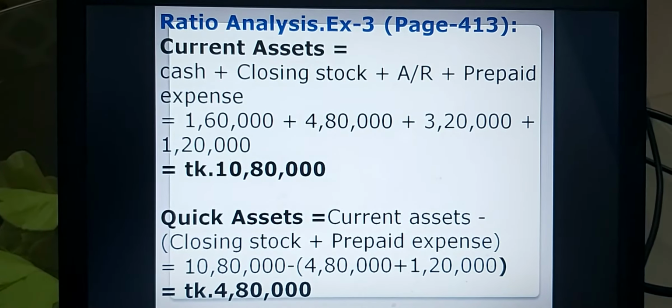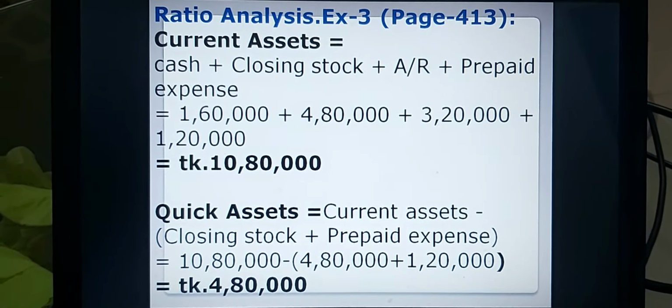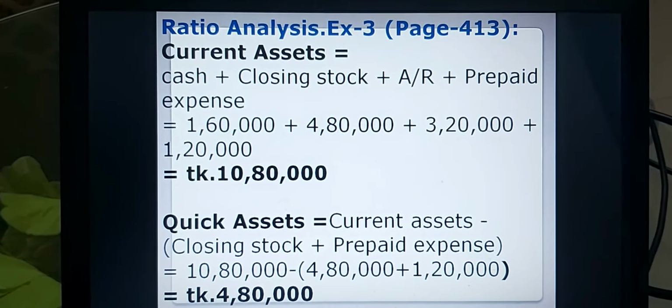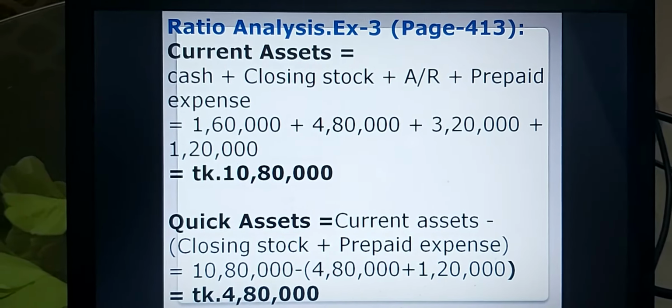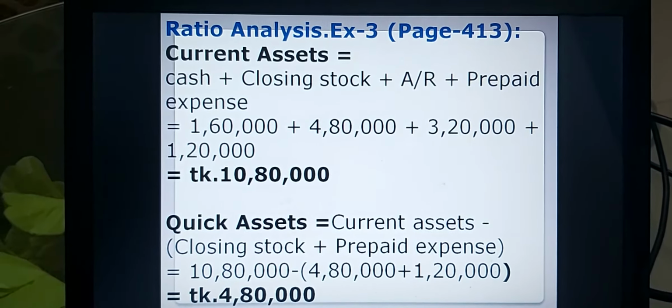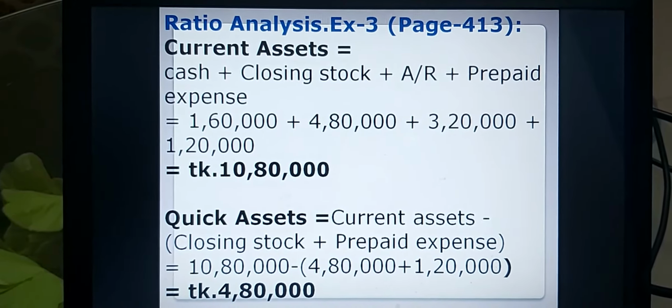So the total amount of current assets is taka 10,80,000. I repeat again, current assets totally 4 items are available: cash, closing stock, accounts receivable, prepaid expenses. Total current assets is taka 10,80,000 from this exercise number 3.